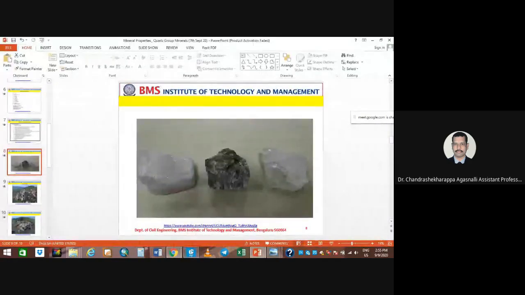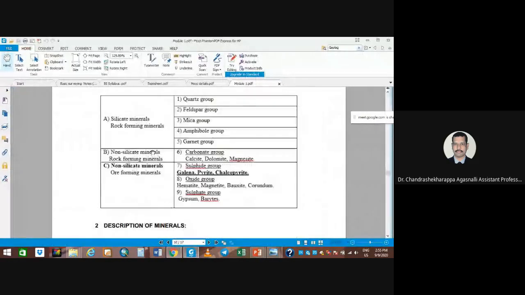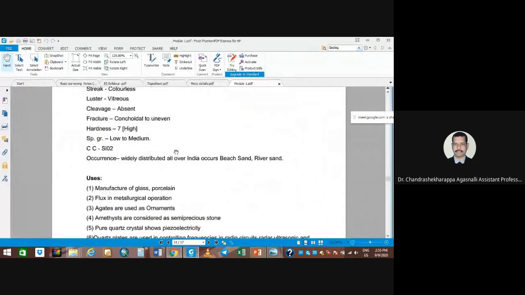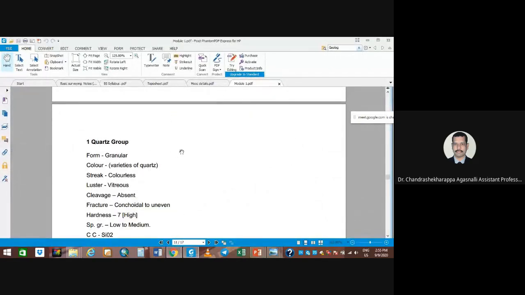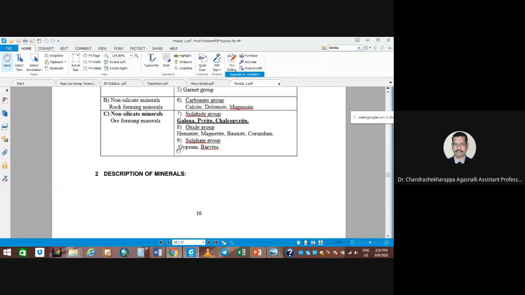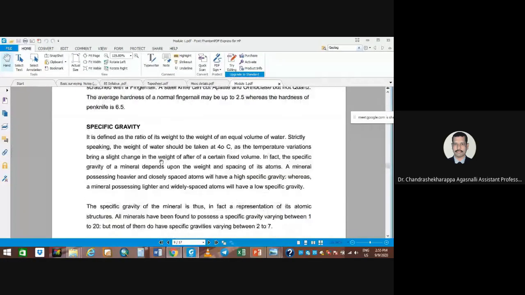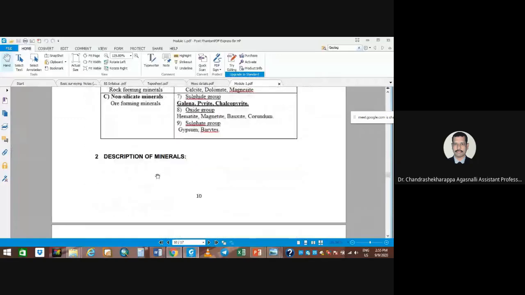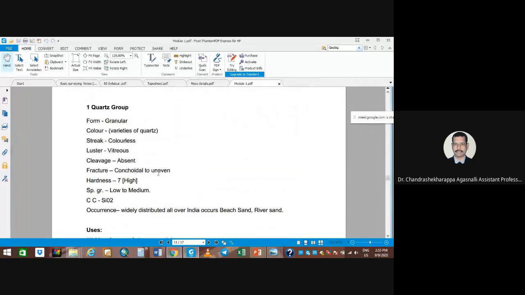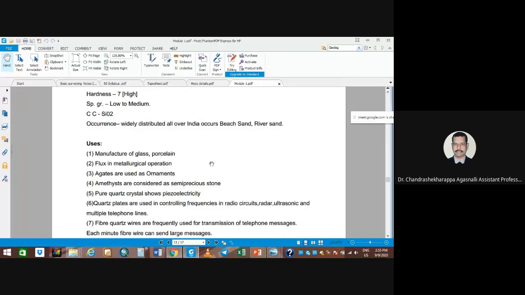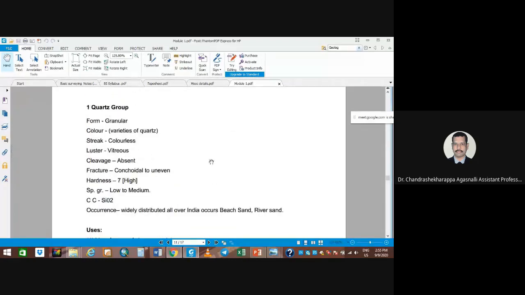Then next property of the quartz groups. Yes, the colorless, conchoidal structure. Okay. Yeah, here are the properties.